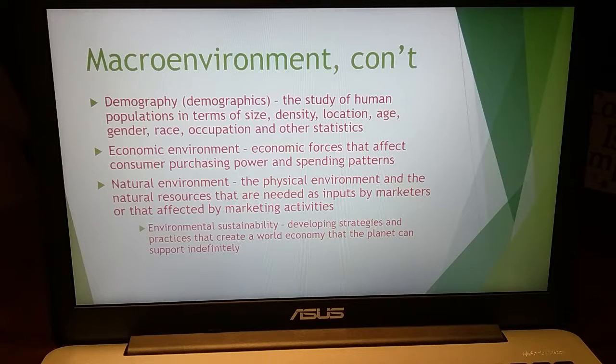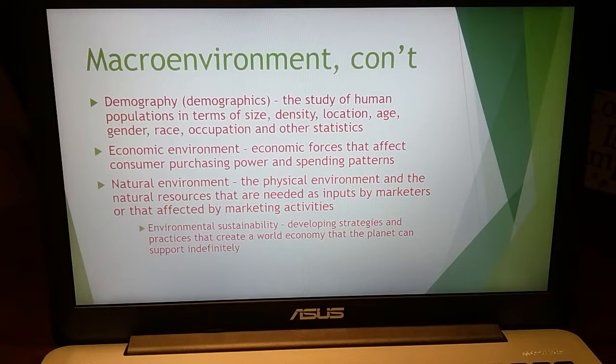Natural environment are essentially natural resources that you might use to create your product or distribute your product. Natural gas, water, air quality could have an impact on you. Wood, all sorts of things.